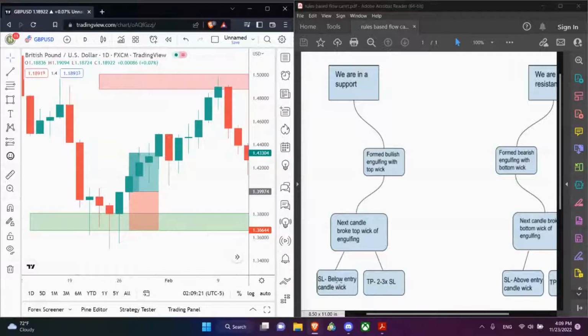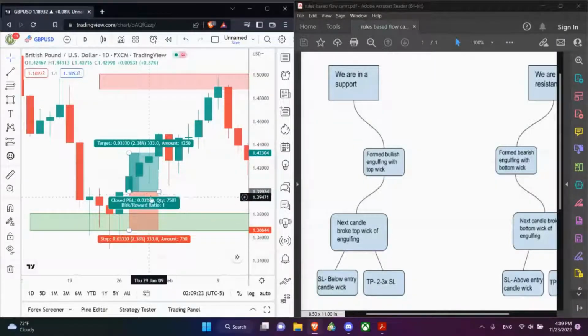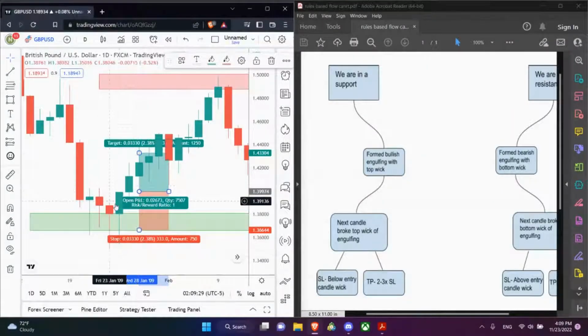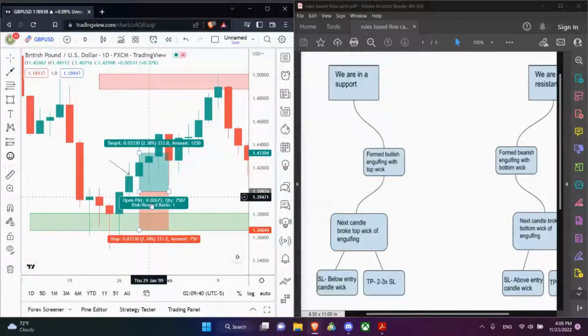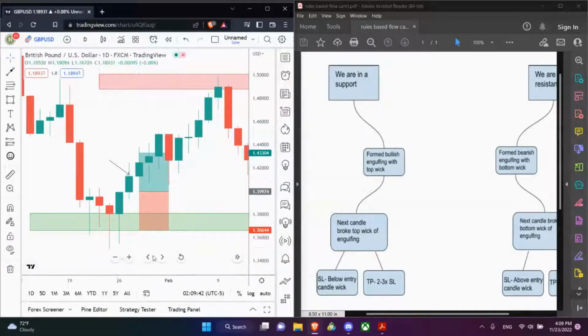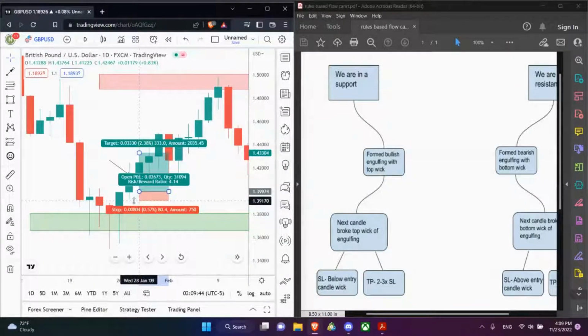Our stop loss is going to be below the entry candle wick. Our entry candle is the one immediately to the left of this position tool. So it's going to be this one. Let me put an arrow. That is our entry candle right there. Okay, so our stop loss is below the entry candle wick, like so.